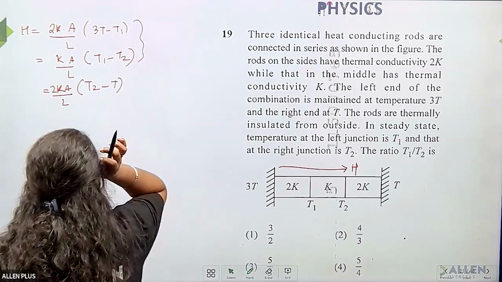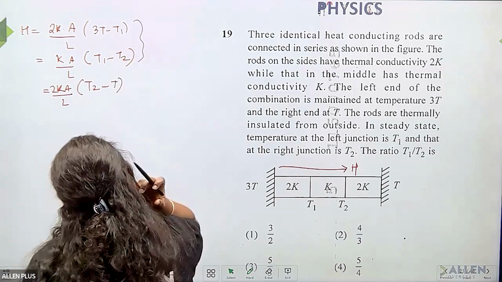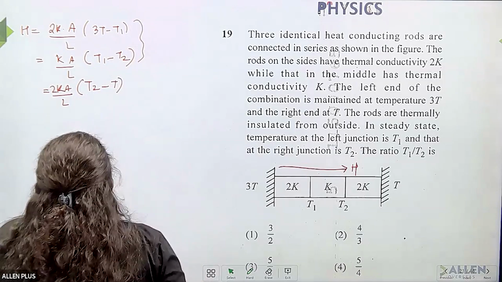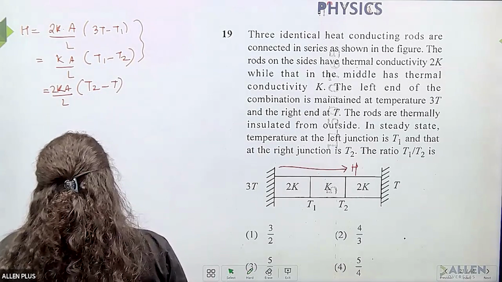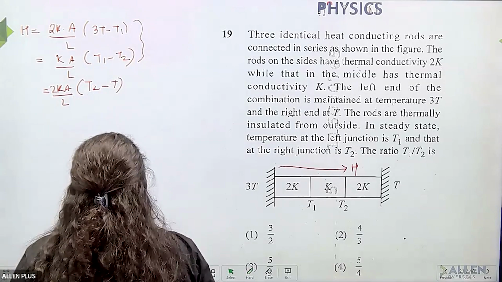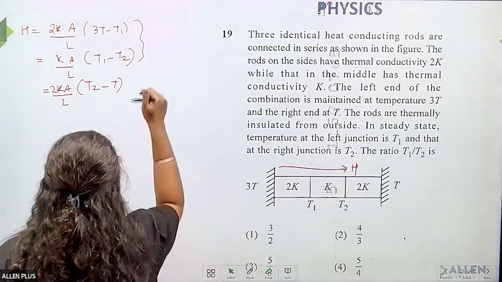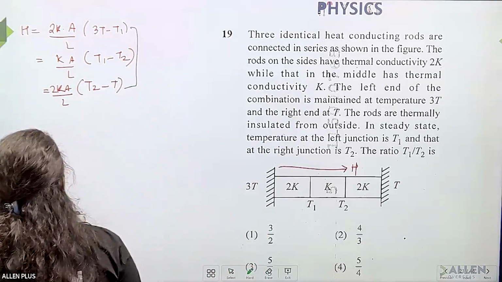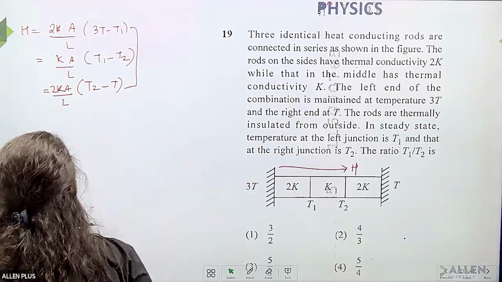Compare these two, equate these two. On equating these two, what you are going to get? On equating the first two equations over here. Okay, let me just take the last two equations. Take these two equations. 2KA by L, it's same.